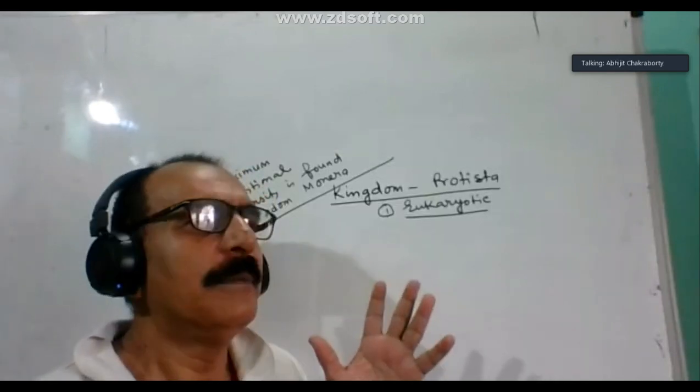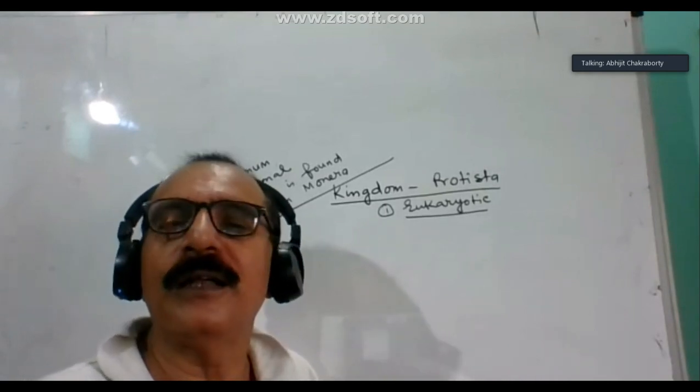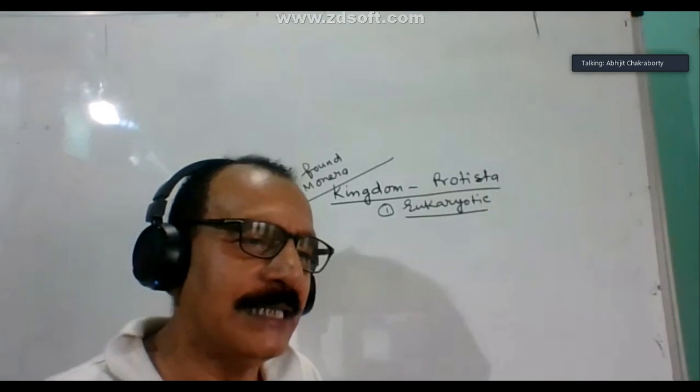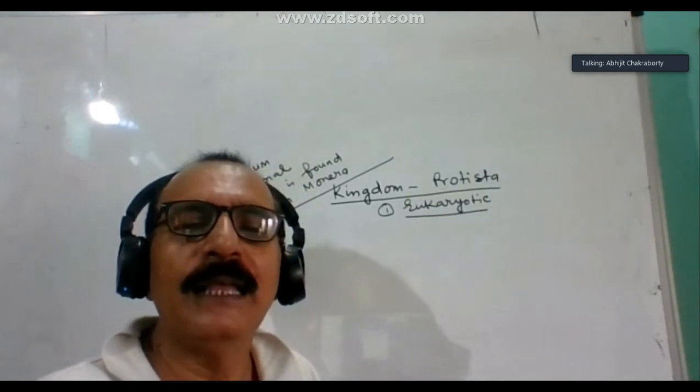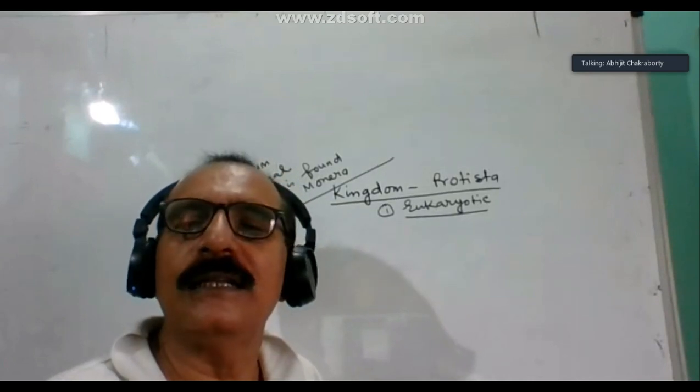Prions, viruses, they are not included in kingdom Monera. Actually, in even any kingdom of life, there is no space for all these acellular entities.